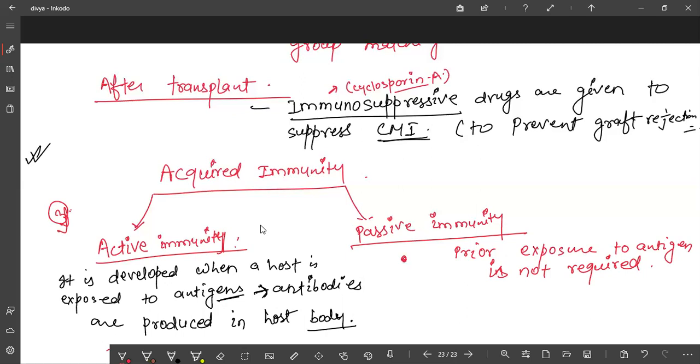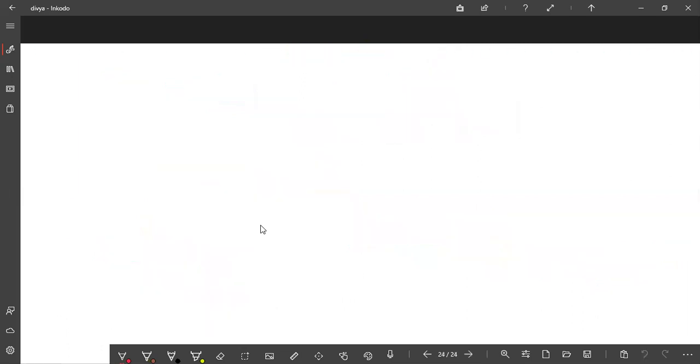Antibody comes from outside. But in active immunity, exposure to pathogen or antigen is required, because antibody is produced in our body, that is, the host body. So this is the main difference. Again, some more points are there in active and passive immunity.